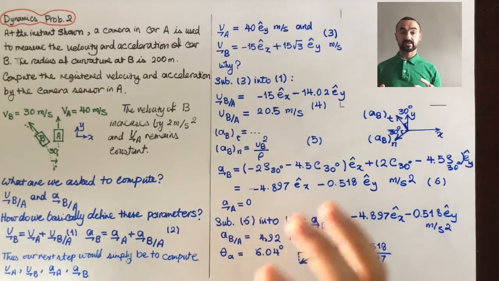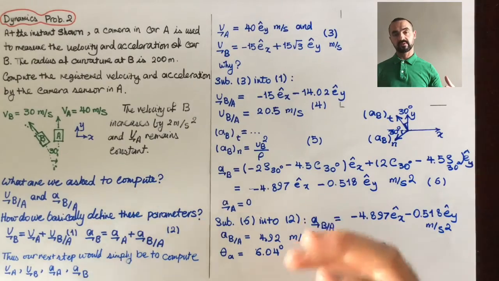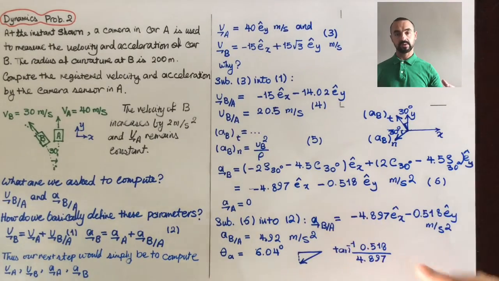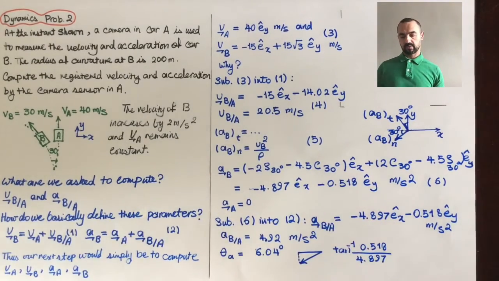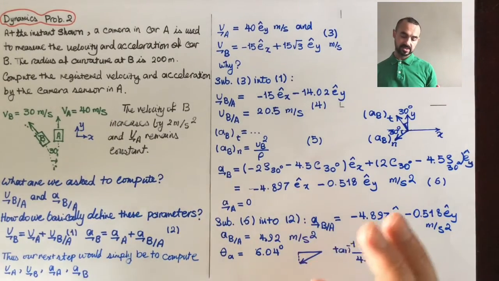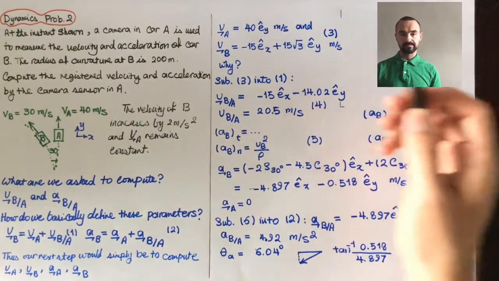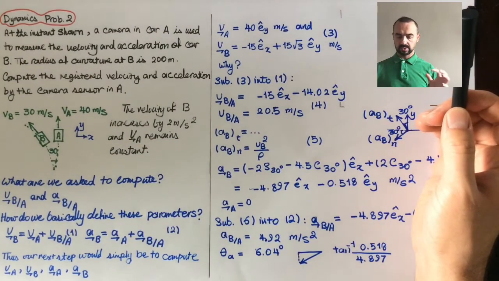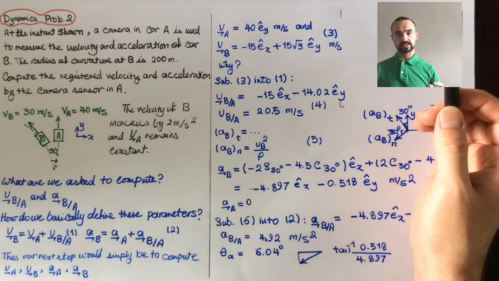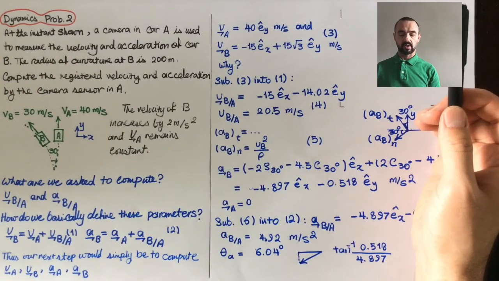What type of acceleration and velocity is this camera used to calculate? Because the camera is not fixed, it is essentially mounted in car A, so the measurements are in fact for car B with respect to car A.